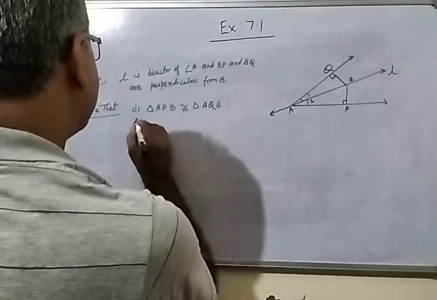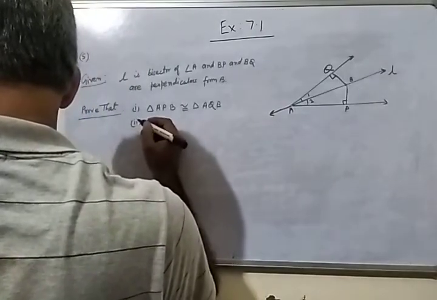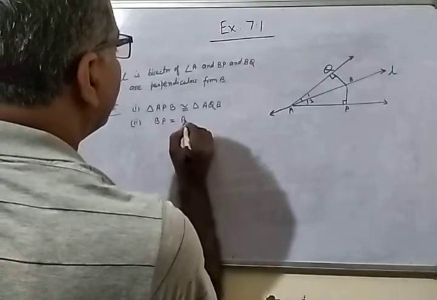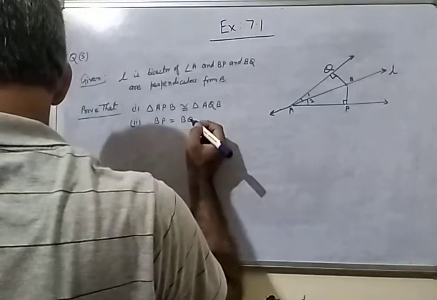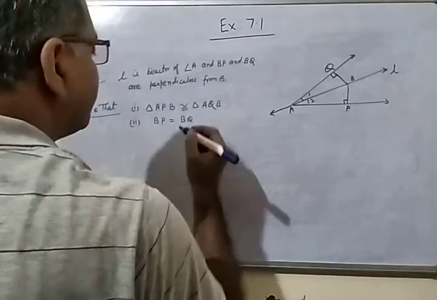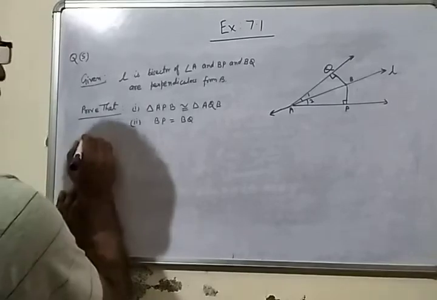And the second part is BP equals BQ, or B is equidistant from the arms of angle A. So, proof.